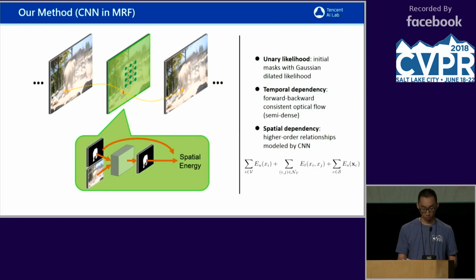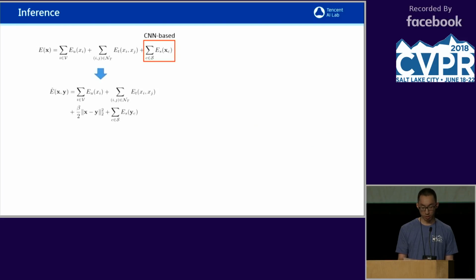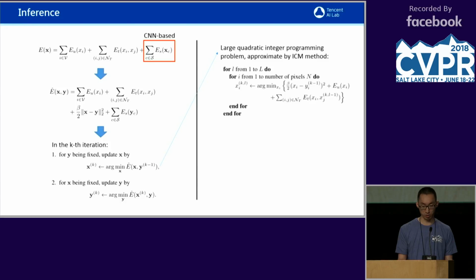We decouple the CNN term from the other terms by introducing an auxiliary variable and minimize the objective function by alternating between solving two subproblems, where the first subproblem is a large quadratic integer programming problem, which we approximate using the ICM method for efficiency.